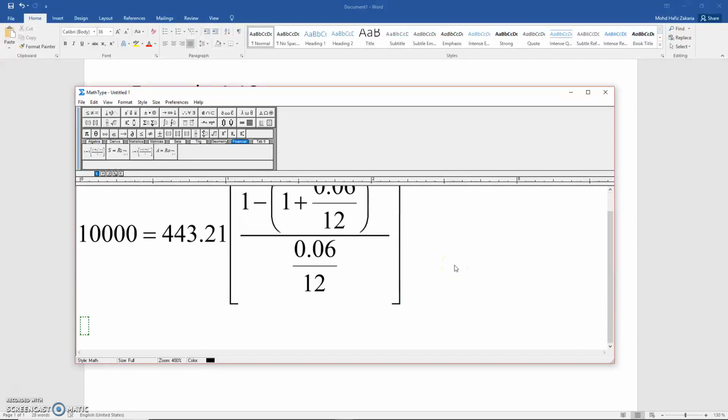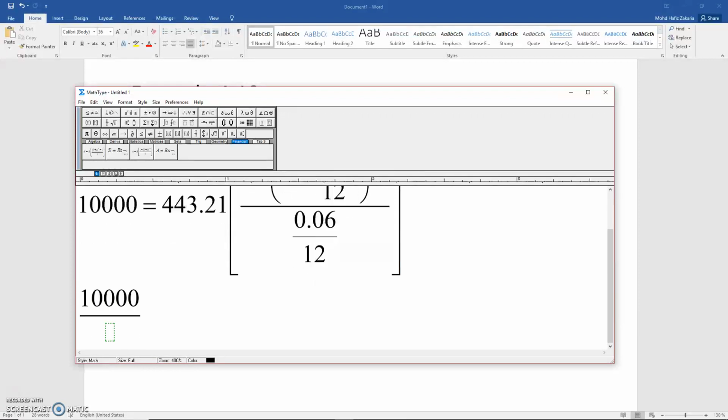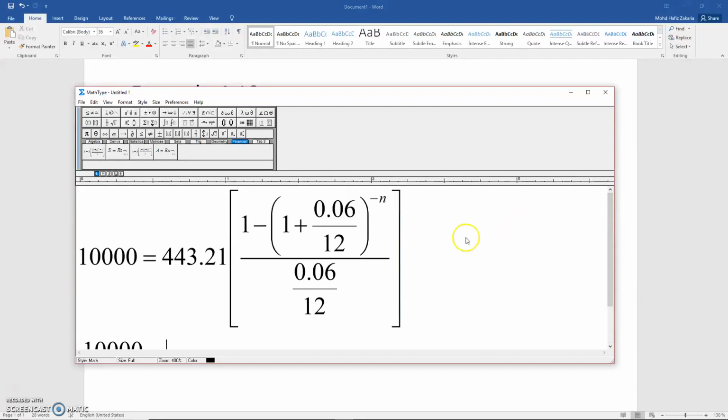So 10,000 divided by 443.21 is equal to this.